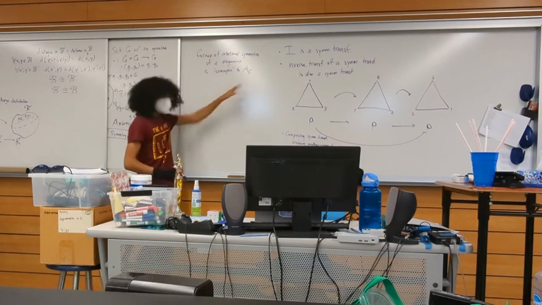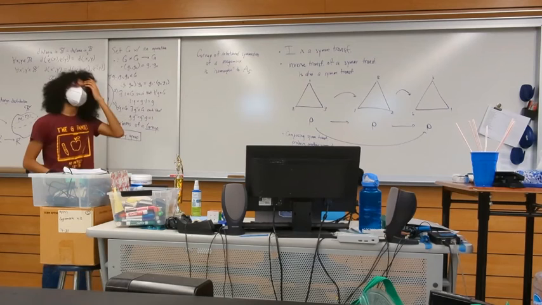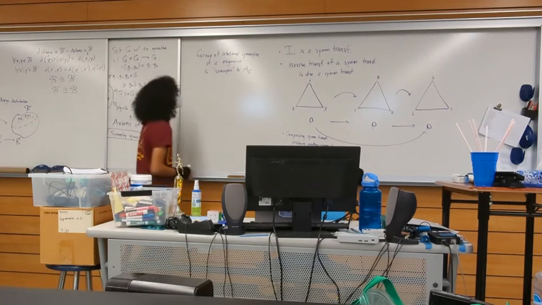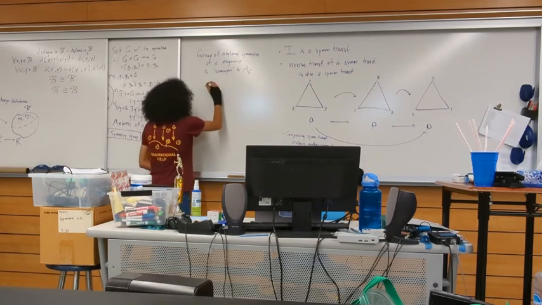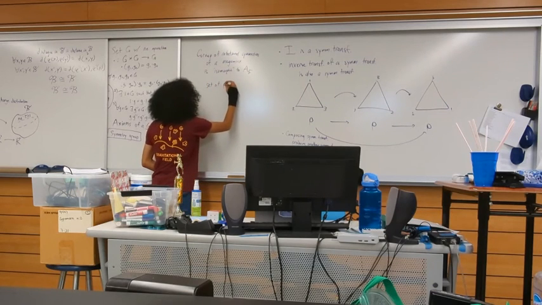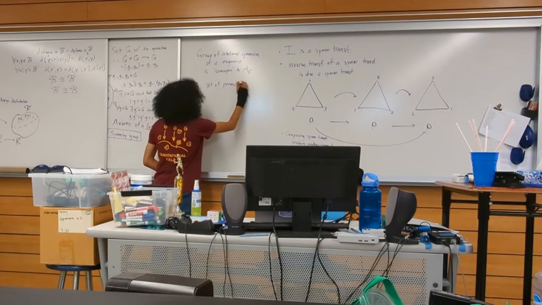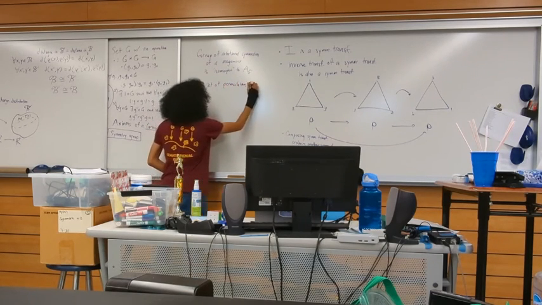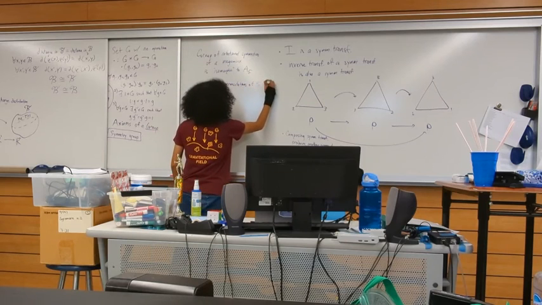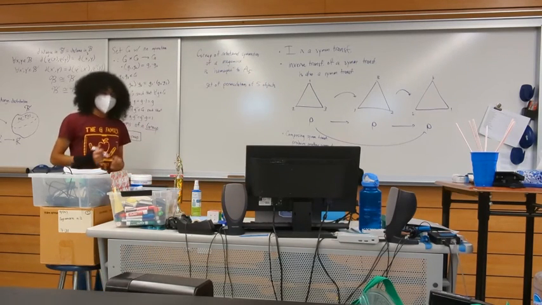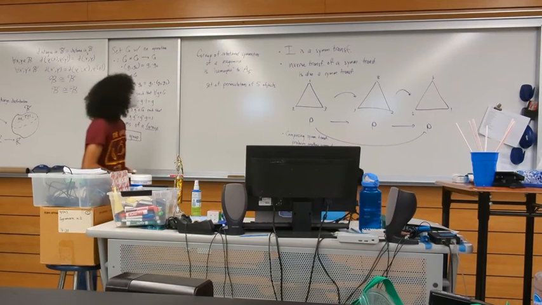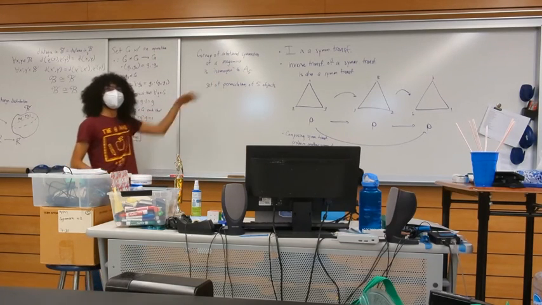Now, what is A5? I'm not going to go into it in detail, but A5 is a set that talks about the set of permutations of 5 objects. Okay? This is not an easy thing to show.